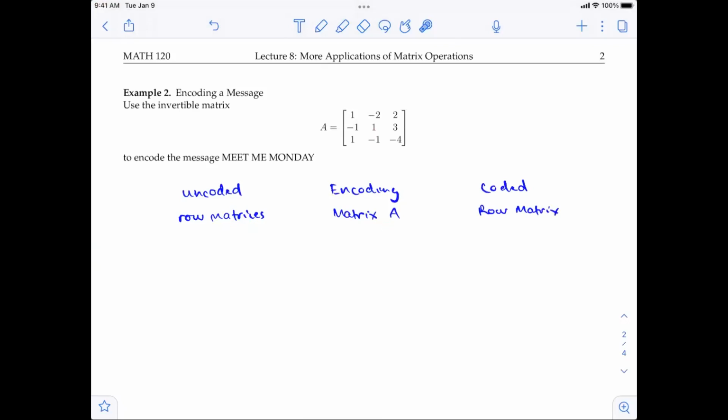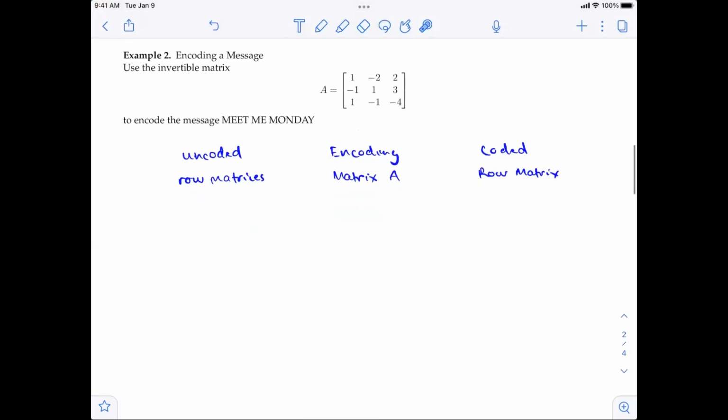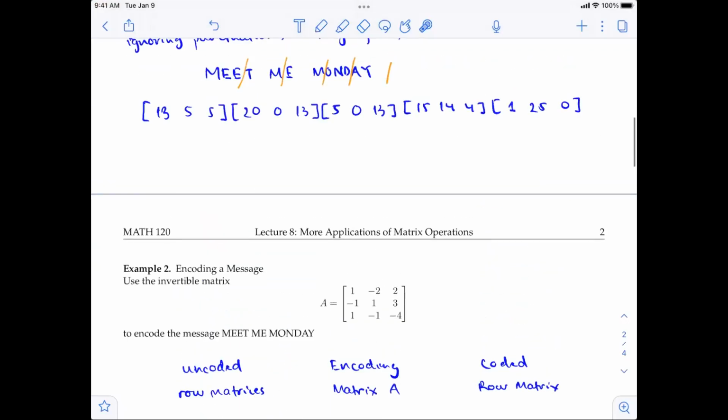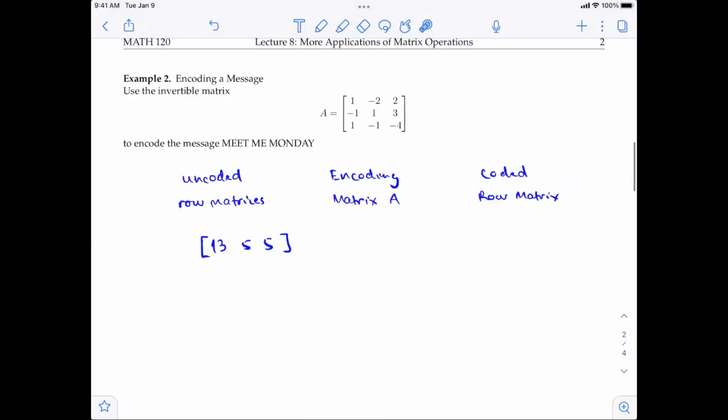Okay, so the first uncoded row matrix is 13, 5, 5. This is the first row right here, and you multiply with the matrix A, the encoding matrix, which is 1, -2, 2, -1, 1, 3, 1, -1, -4.